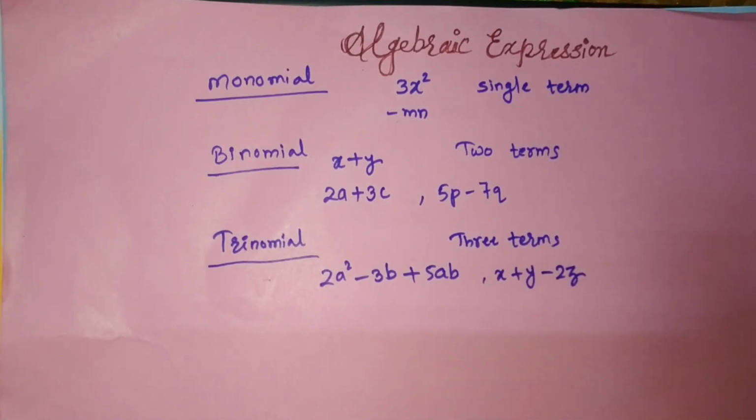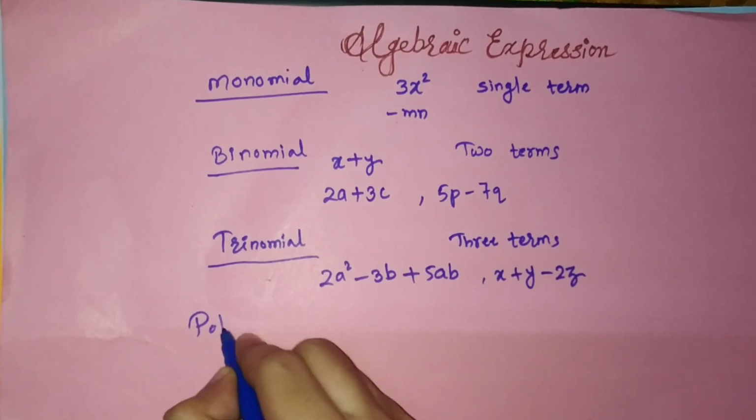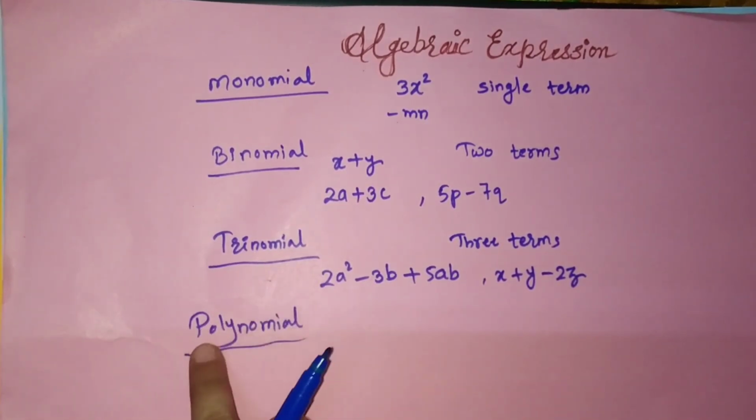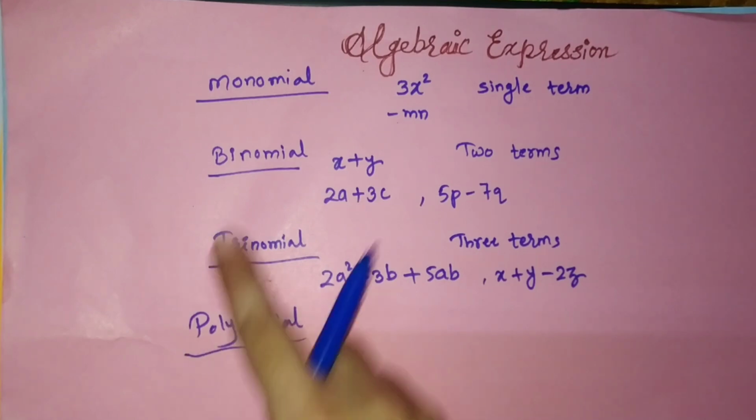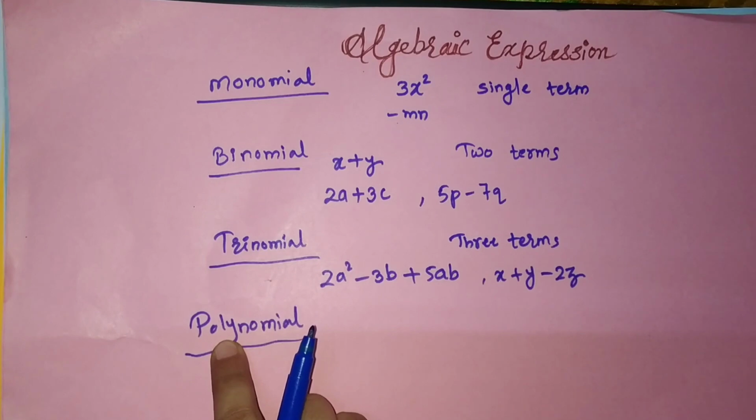So in general, these are nothing but algebraic expressions. Now if we want to talk about polynomials, in general in the word polynomial, poly means many, like mono single, bi 2, tri 3. So here poly represents many.